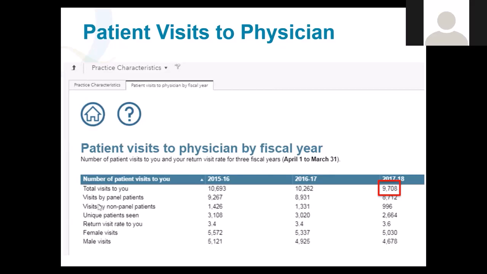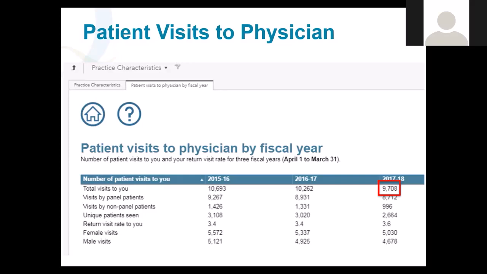The other thing I wanted to draw your attention to is the visits by non-panel patients. What this is telling us is that this physician actually provided 996 visits to patients that did not belong to this physician. So they were other physicians' paneled patients.